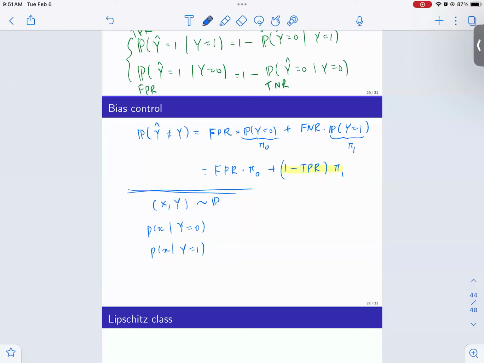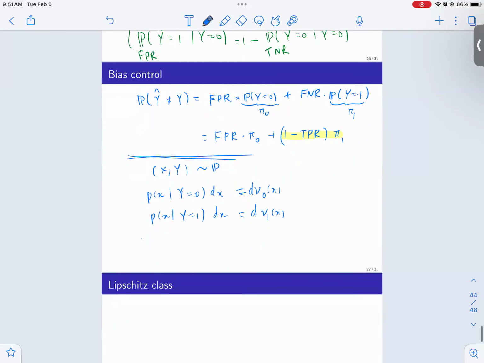These are the class conditional densities, or more generally the probability measures. I might write them in the notes as d nu 0 of X and d nu 1 of X. These are just the probability distributions.